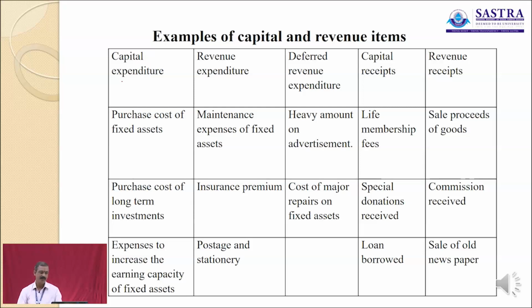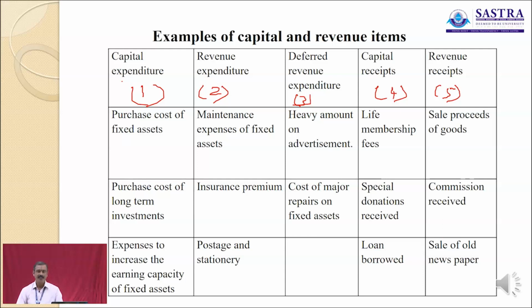See here, capital expenditure 1, revenue expenditure 2, deferred revenue expenditure 3, capital receipts 4, revenue receipts 5. Understand from this, there are various components of expenditure and receipts given here.